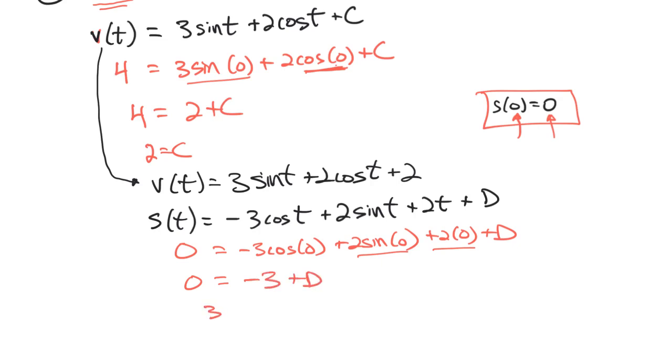Add 3 to each side, you get 3 equals d, so that our final answer for our position function is negative 3 cosine of t plus 2 sine of t plus 2t plus 3.